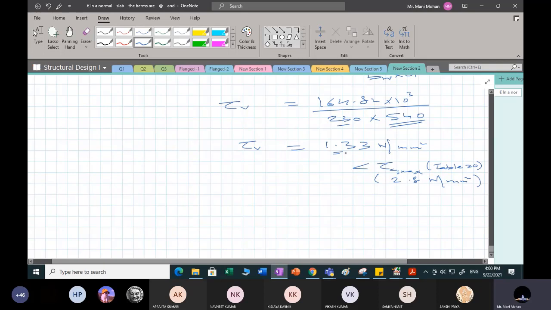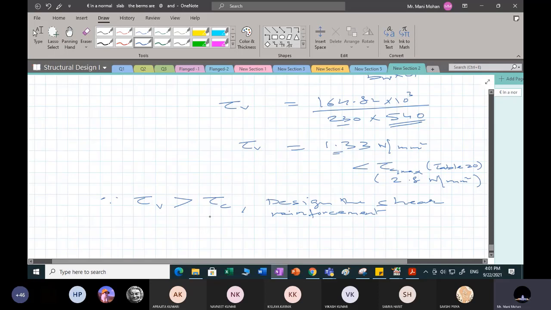So I can see tau V equal to 1.33 Newton per millimeter square is less than the maximum shear strength which concrete can offer. So this is fine for me. Now, since the shear stress acting at the critical section is greater than the shear resistance offered by concrete, you have to design the shear reinforcement.